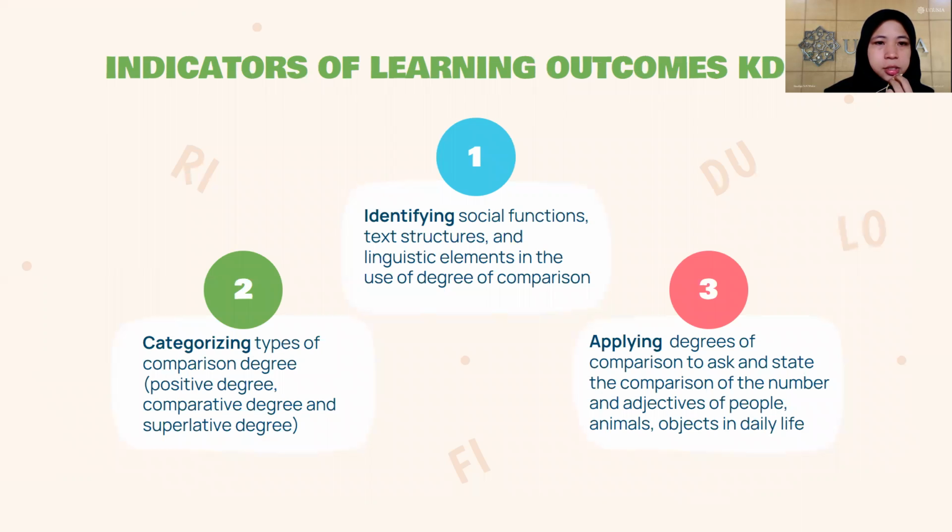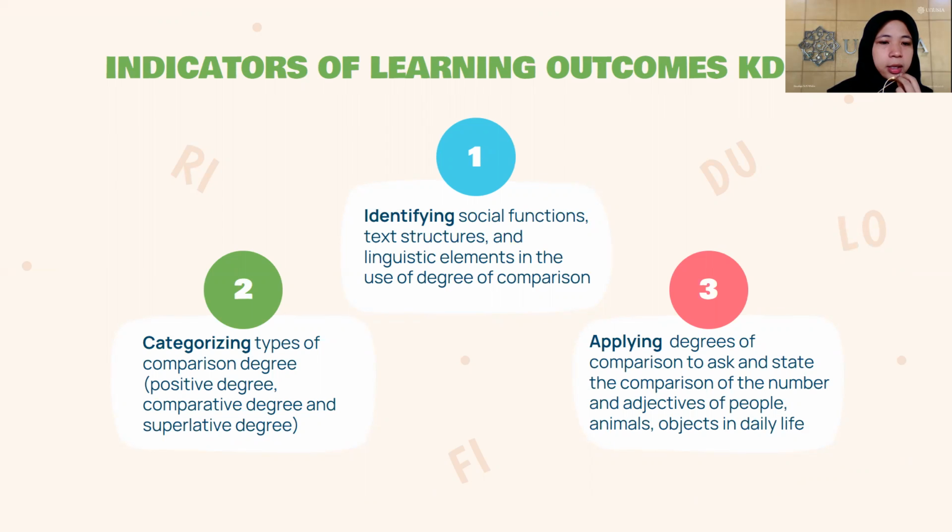The indicators of learning outcomes that derive from KD 3.9 are identifying, categorizing, and applying. I took these words from Bloom's taxonomy. For identifying, students are expected to be able to identify social function, text structures, and linguistic elements in the use of degree of comparison.